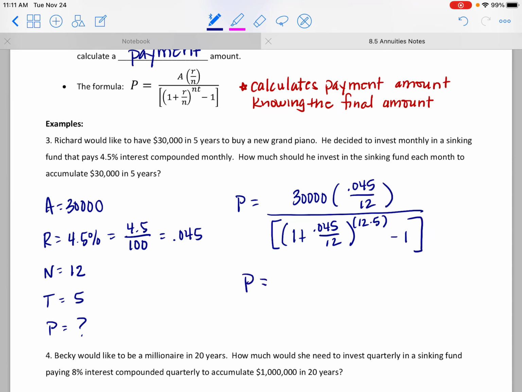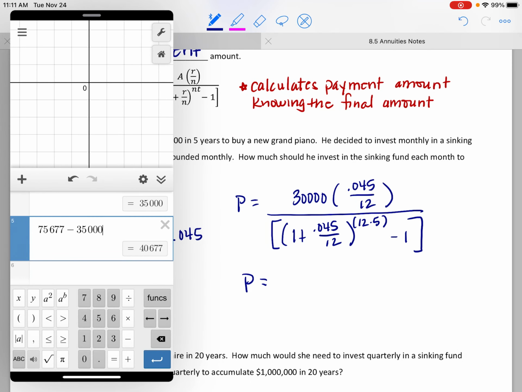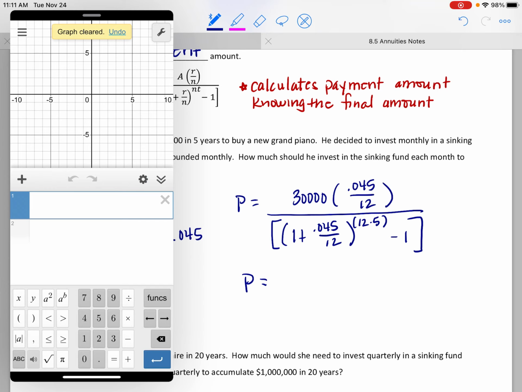So let's see what the payment amount is going to be. We make a fraction with the division: 30,000 times R over N, 0.045 over 12.